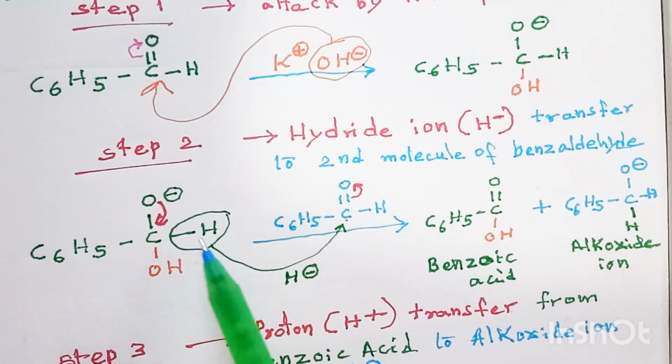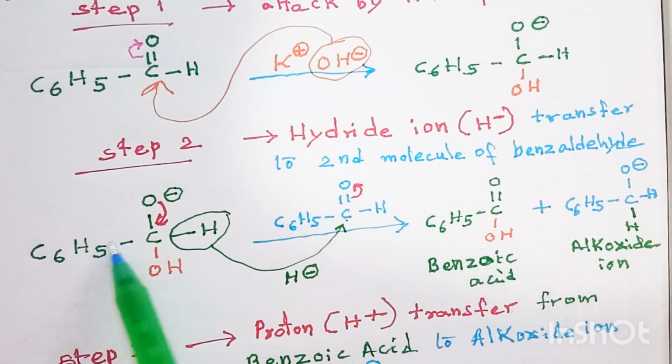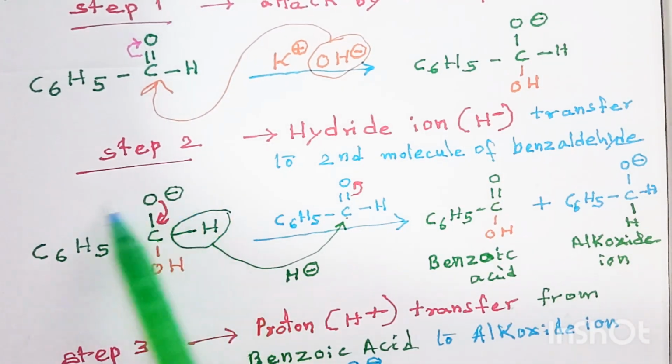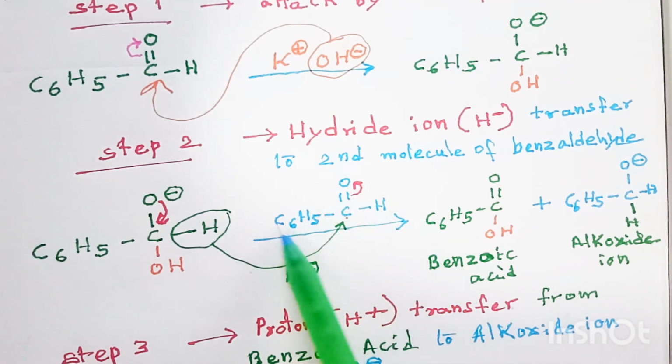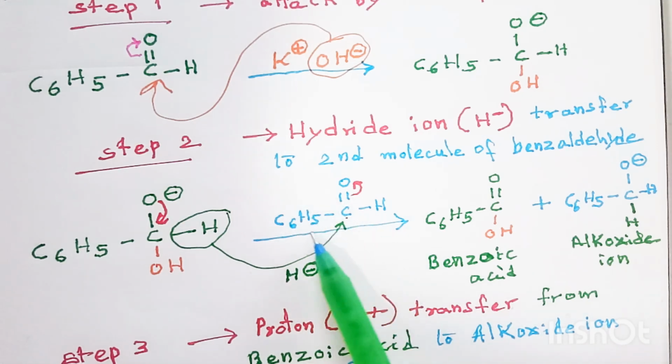This is hydride ion, H minus. The first molecule of benzaldehyde is written in green ink and the second molecule of benzaldehyde is written in blue ink for you to understand better.